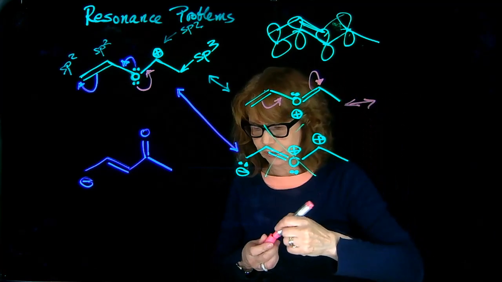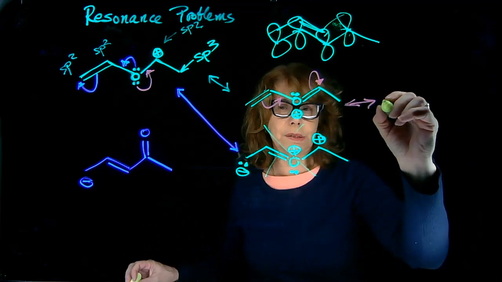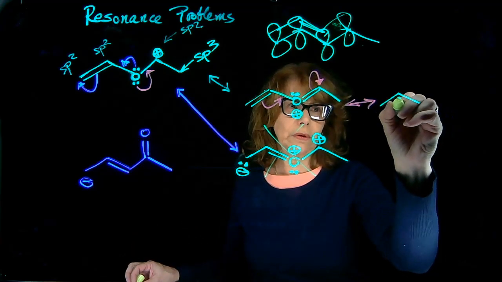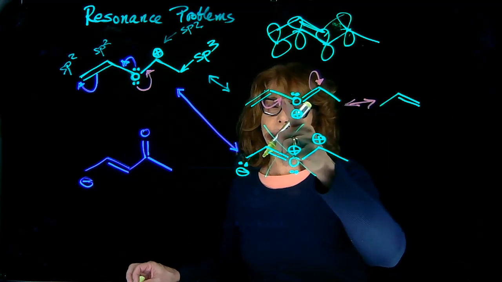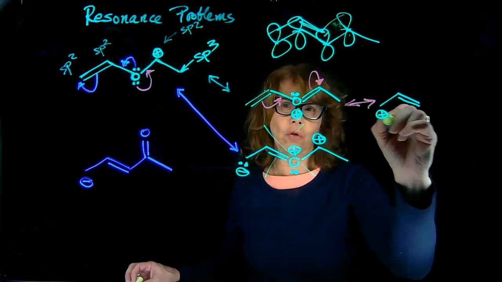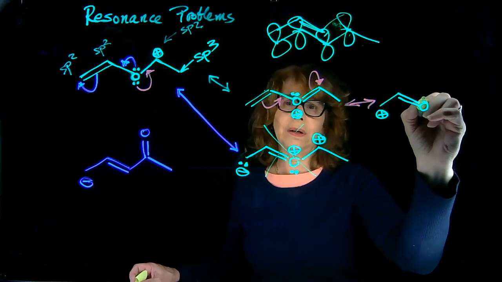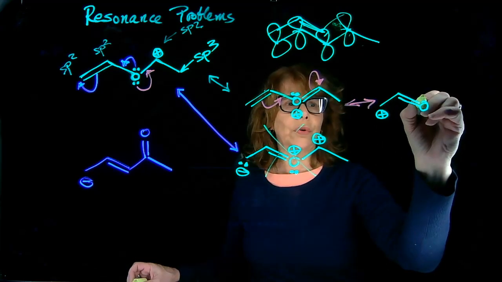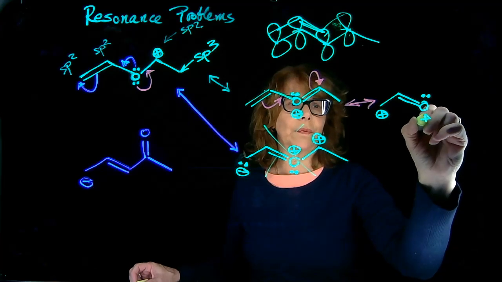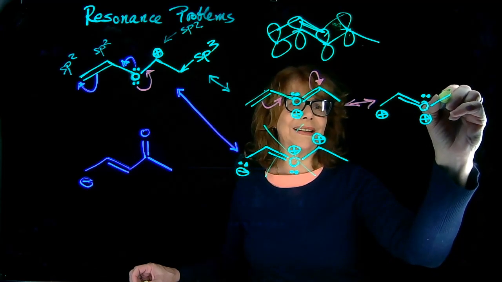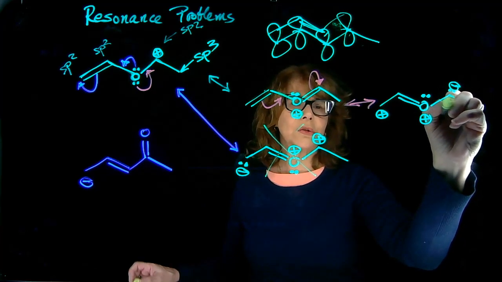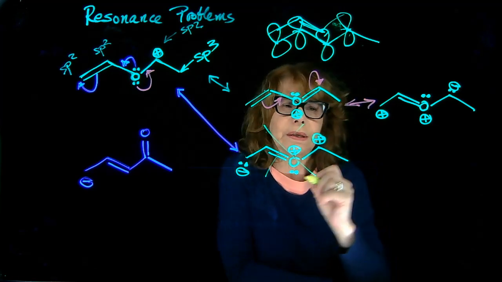So the structure would be, let's see, I will have a double bond here. Since I'm removing those electrons, I'm going to have a formal positive. Now I'm going to have still 3 bonds here for the oxygen, and then I'm going to have this. So way too many charges, as we can see.